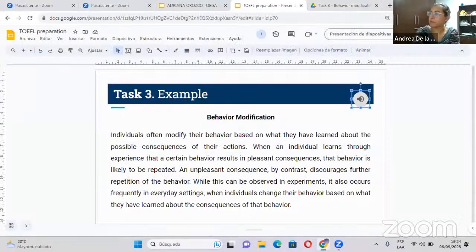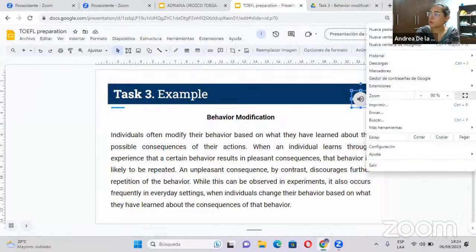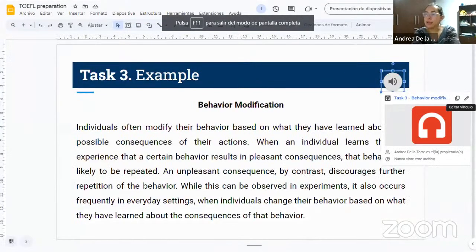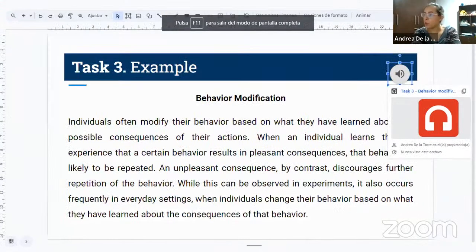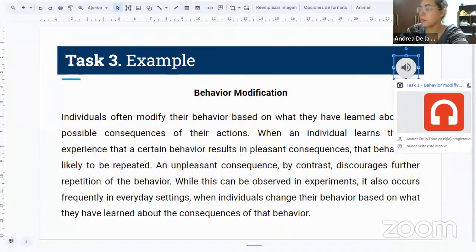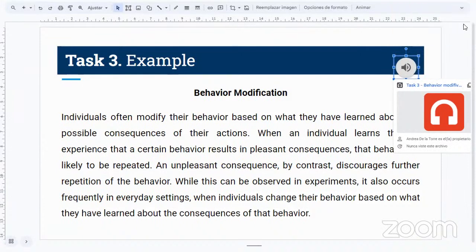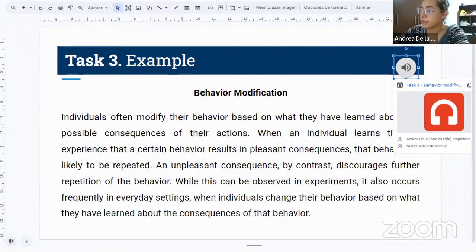All right. So, can you guys summarize the example or the lecture for me? What was the example? The behavior of kids in a classroom. Exactly. And what does the professor say about that?